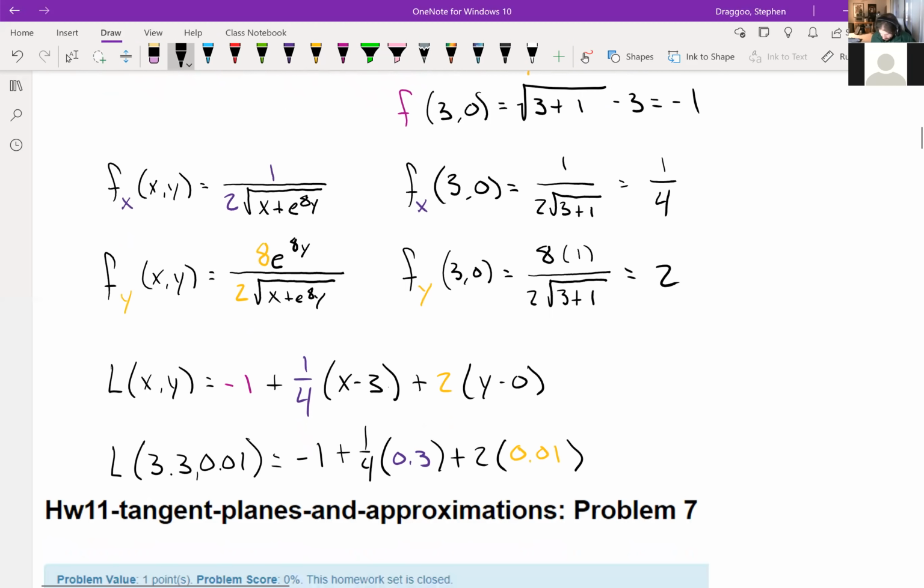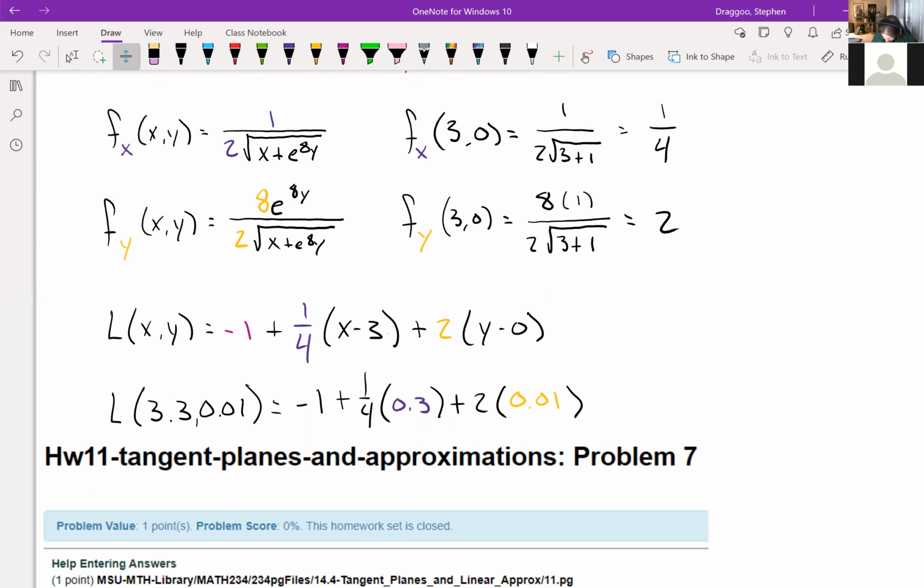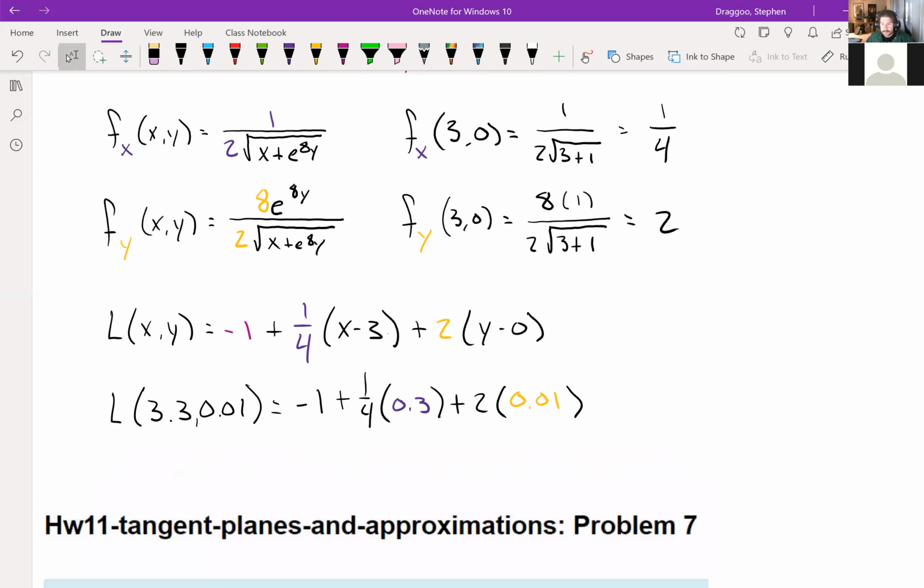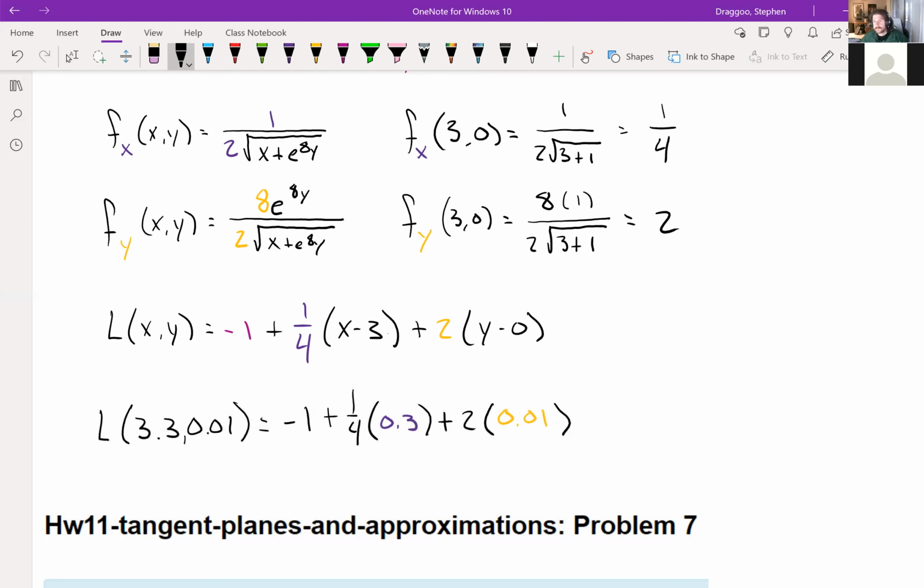And then whatever number I get there would be my answer. There we go. So there's each of those two pieces. I actually did the math out on that, which I got -0.905.